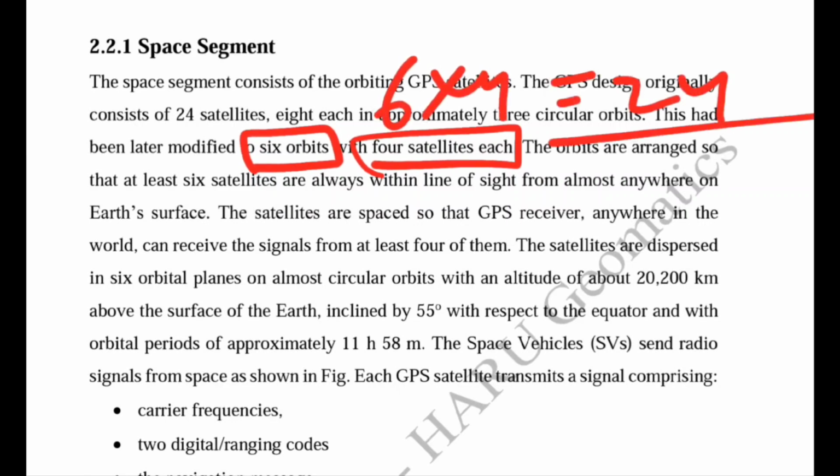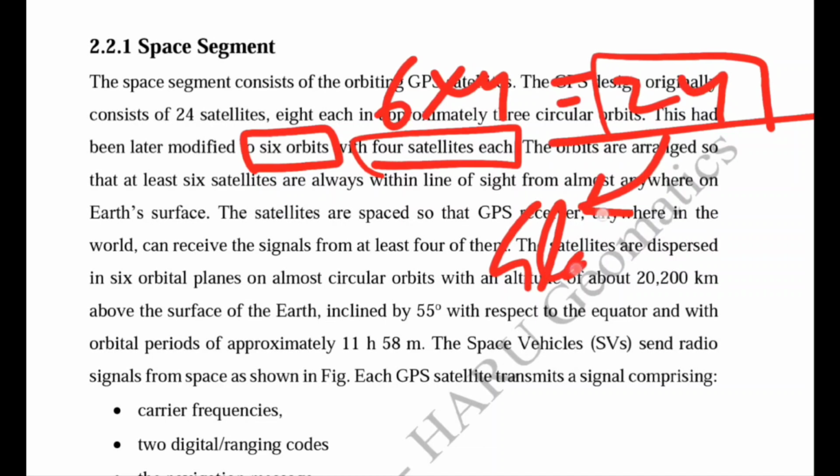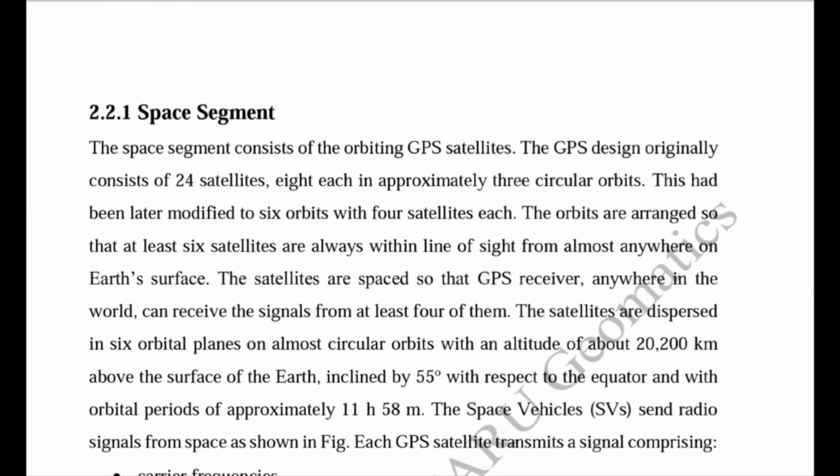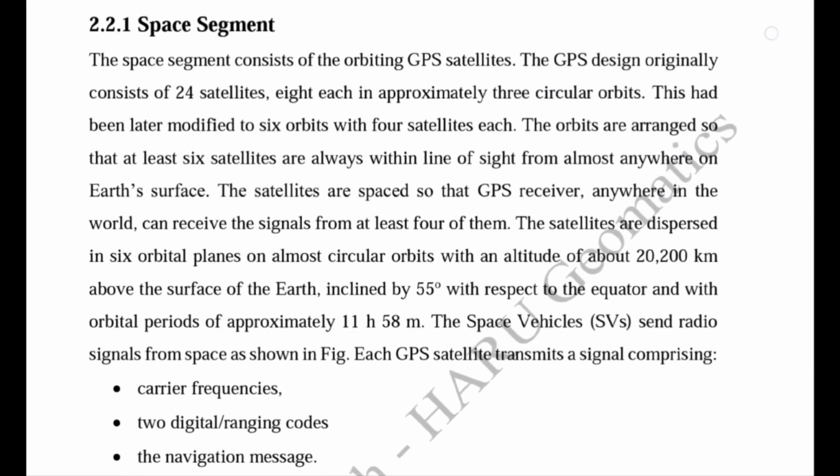After achieving the 24 satellites, it was fully functional and covered the globe. We will discuss only 24 satellites, but nowadays there are a total of 32 satellites in the GPS segment. So this question can be asked: there are a total of 6 orbits with 4 satellites each for the GPS space segment.